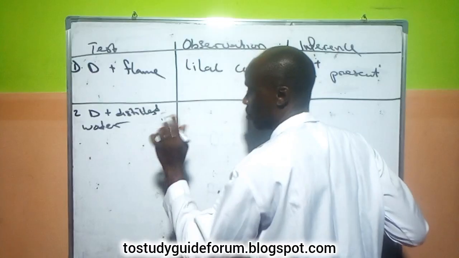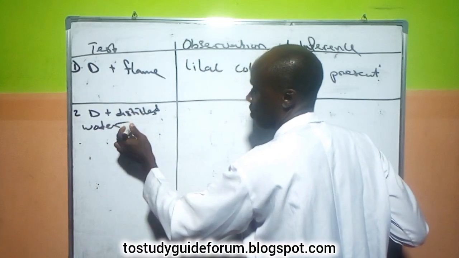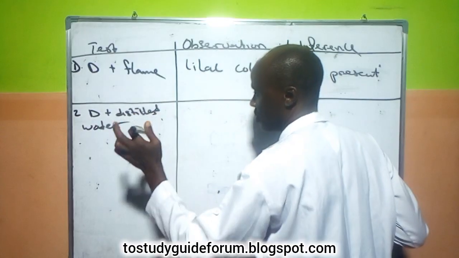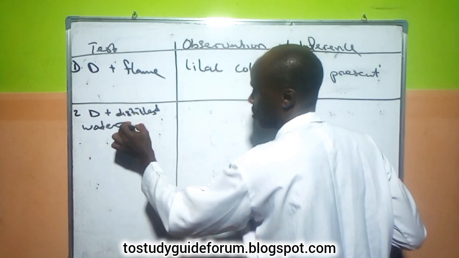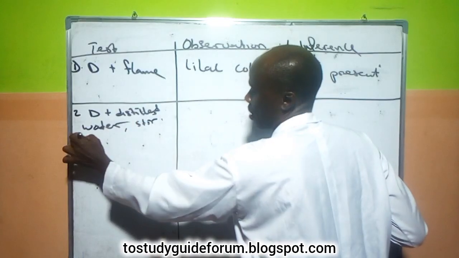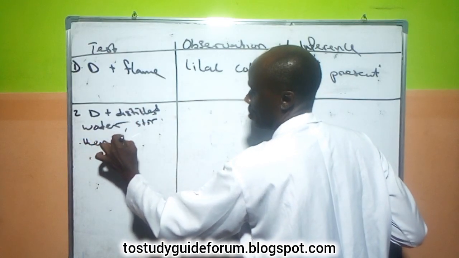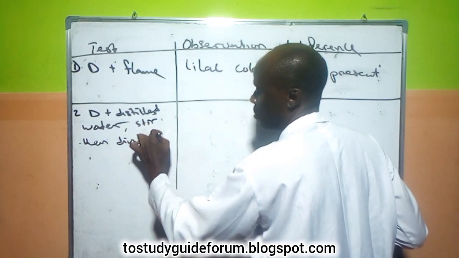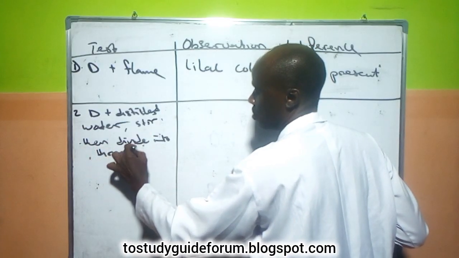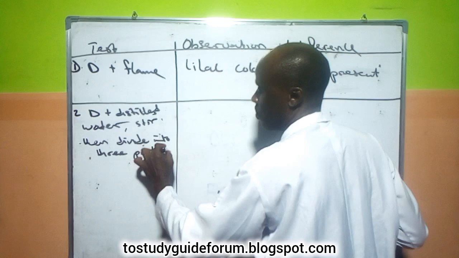Let's leave the litmus paper here. Distilled water, then we divide into how many portions? We are going to stir, then divide into 3 portions.